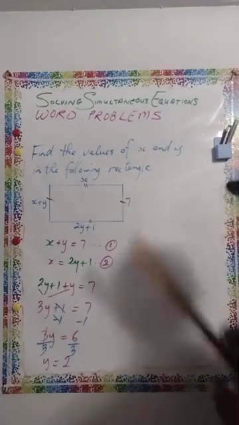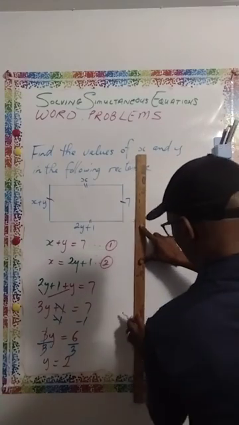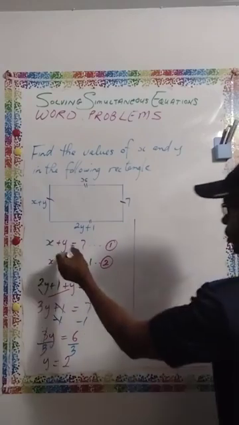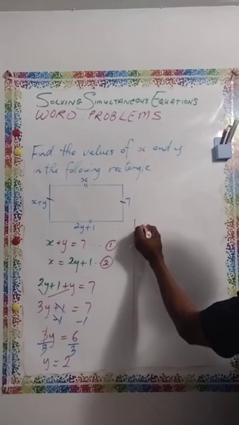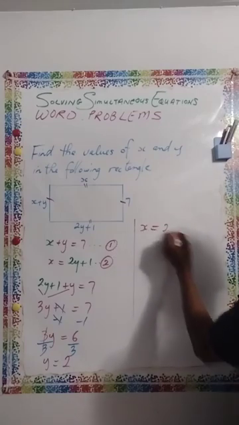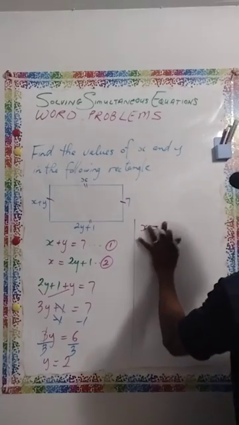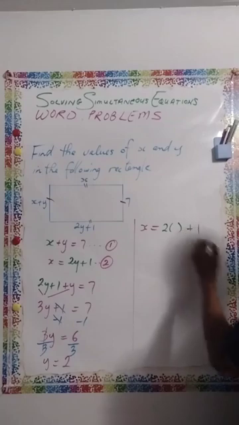And from there, let's go to a little separator to show you that I'm continuing. We're going to have to take this 2 and plug it into equation 1 or 2. Because equation 2 is saying x equal to, I'm going to use that same because we want to find the x value. So we're going to have that x is equal to what? 2 times, I'm going to color code, 2 times something plus 1.